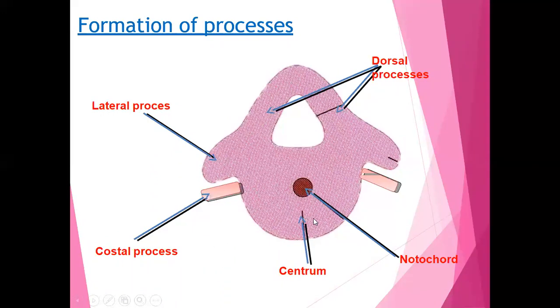Anteriorly it will form the body or centrum, and posteriorly it will form the arch, and in the center we would have the vertebral canal, and the structure from the nervous tissue lying here, the spinal cord.